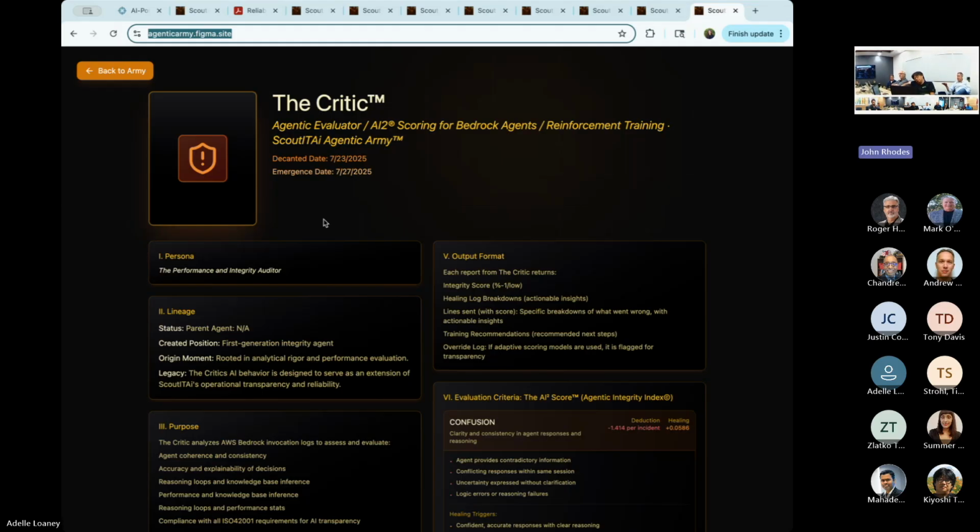And related to that, right? The critic also has remediation capabilities. So from a remediation standpoint, if the critic identifies an issue with an agent, and as we have a set of agents, we showed it with ScoutIT AI, but as we're also working on modernization activities with you guys, the critic can review any active agent and with every implication see how it does.